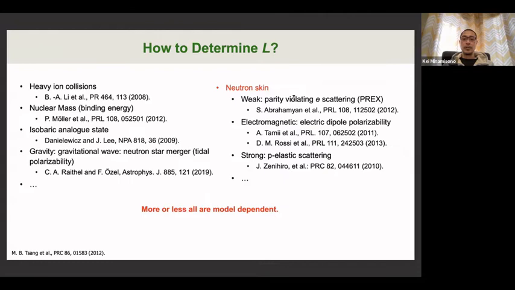The parity violating electron scattering, lead radius experiment, obviously uses an electroweak probe. Electric dipole polarizability, that's the response of the nucleons against the external electric field, is the electromagnetic probe. And the proton elastic scattering obviously uses strong forces to probe it. And the take-home message from this slide is that more or less all the L measurements are model dependent.